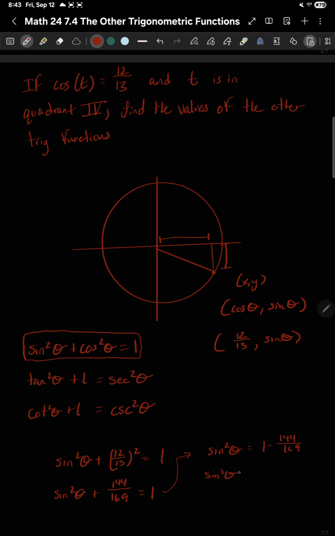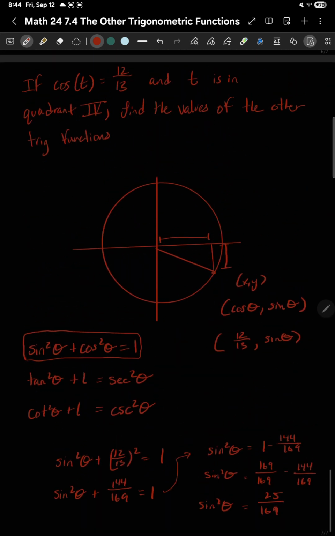Because we're trying to subtract fractions, we need common denominators. So this is 169 over 169 minus 144 over 169, which is going to give us 25 over 169.